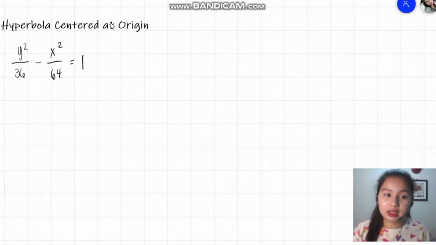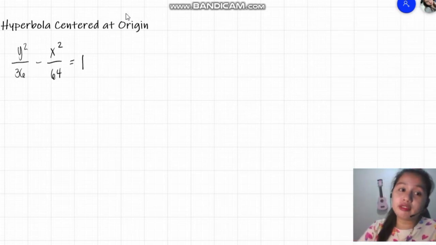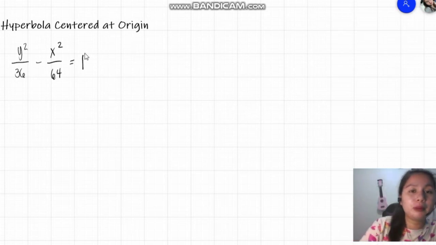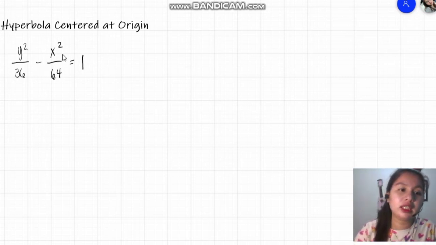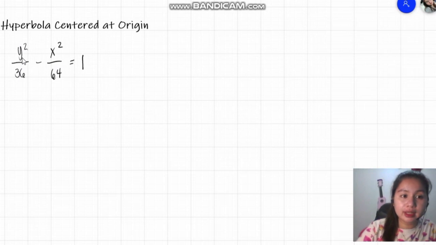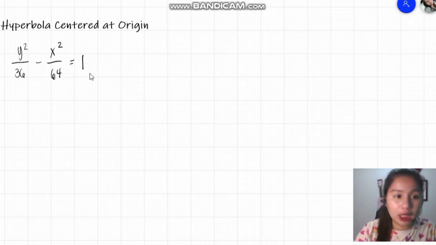First na ginagawa natin is to identify kung ang hyperbola ba natin is vertical or horizontal. Kaninang equation natin ay nauna yung x, kaya naging horizontal. This one, nauna si y squared compare kay x squared, therefore, this is a vertical hyperbola.